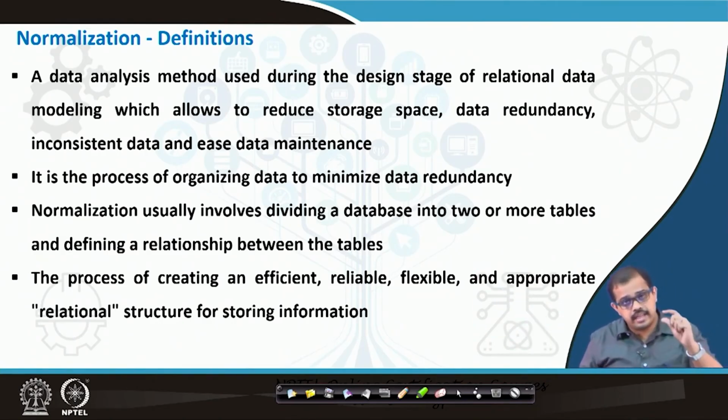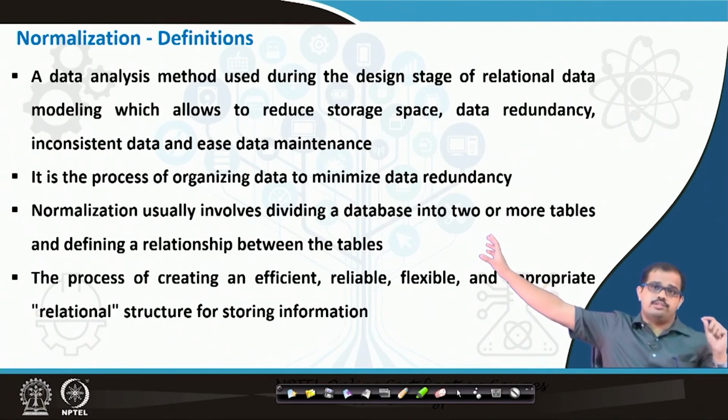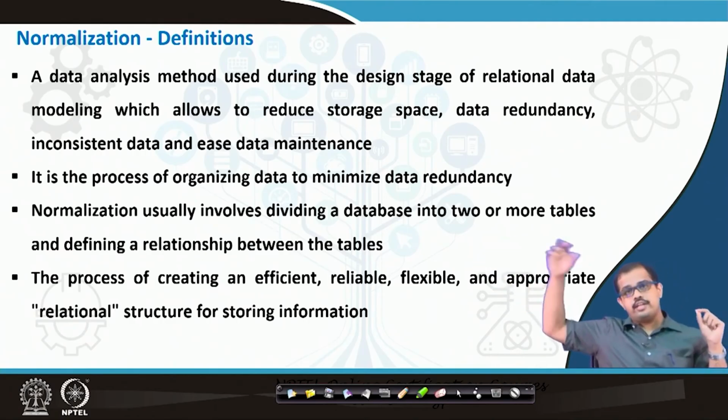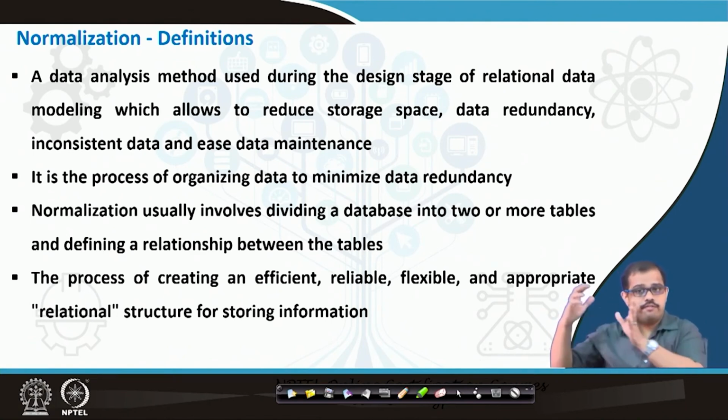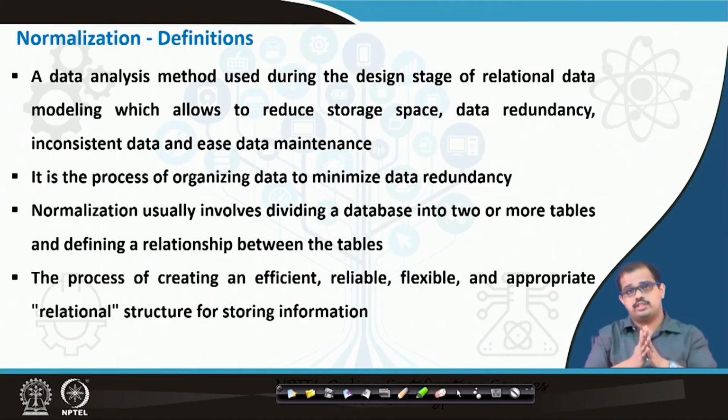If just a single primary key or single entity of information can give me the entire information of that particular student, rather than looking at 2-3 places, then it becomes a very efficient way of storage. Each of these may be stored in different tables and related through different relationships, and then it becomes very efficient. That is what is done using normalization.